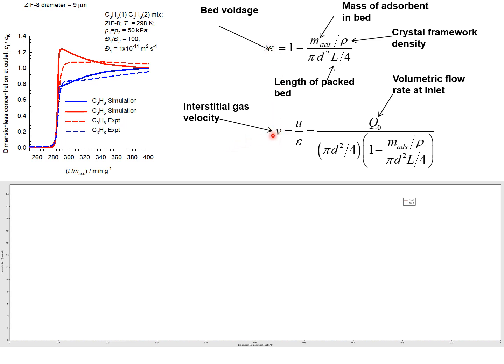These bed voidages, interstitial gas velocities, and bed lengths are important in breakthrough simulations.